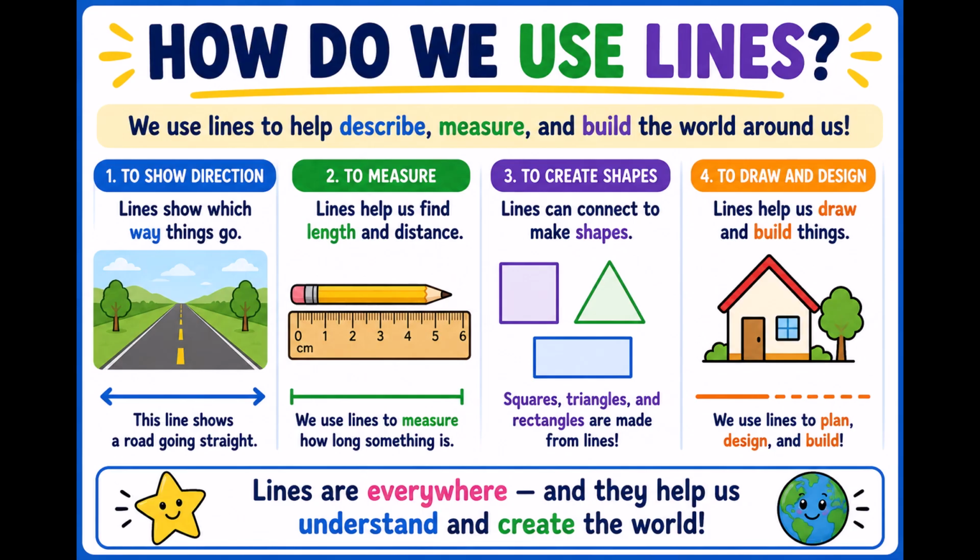Squares, triangles, and rectangles are made from straight lines. So how many lines make a triangle? Yes, 3. Can you find something in our environment shaped like a rectangle? Excellent job. The door is one thing.